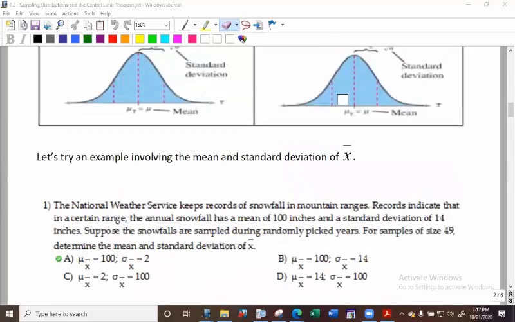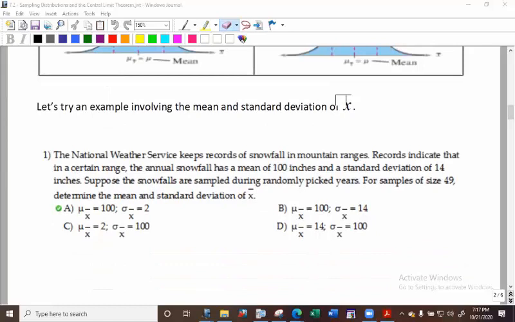All righty. We'll get to some probabilities in a minute. Here's just a general question. Records indicate average snowfall has a mean of 100 inches and a standard deviation of 14 inches. Suppose the snowfalls are selected during randomly picked years.